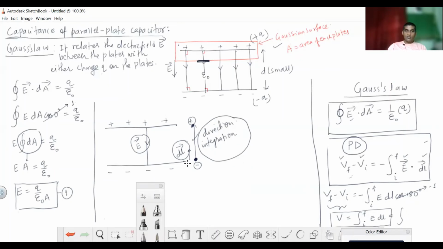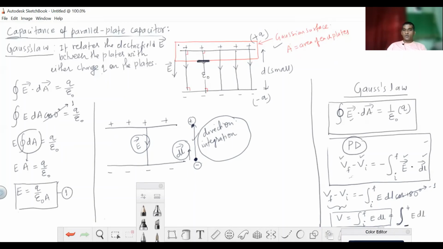We can write this relation with reference to this figure. We are starting from the negative plate, so negative to positive. The lower limit is negative and the upper limit is positive. That is, from the negative plate to the positive plate, E dl.